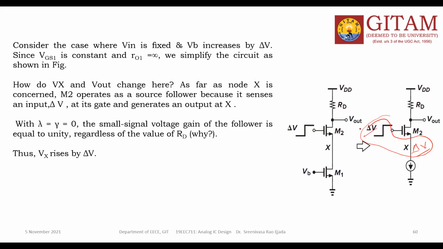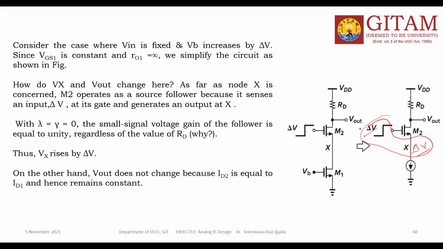The voltage at point X changes because of the change of the gate voltage delta V, same as delta V only. On the other hand, the output does not change because ID2 is equal to ID1 and hence remains constant.